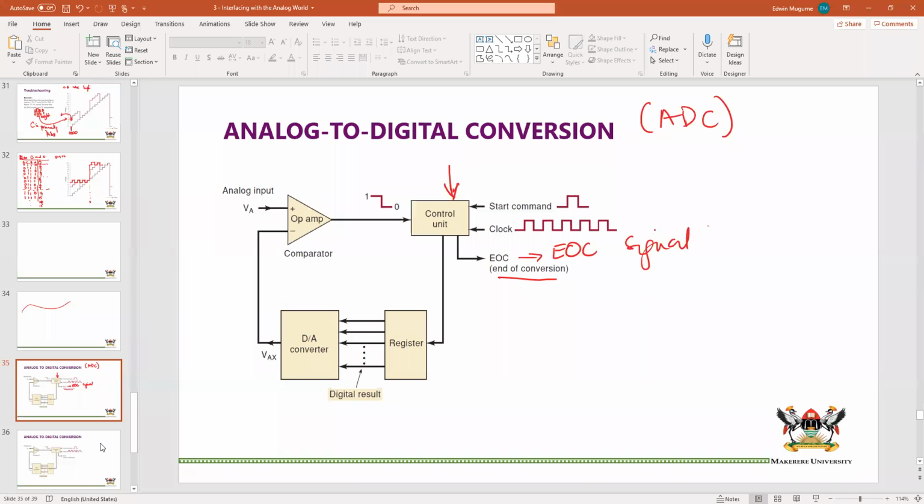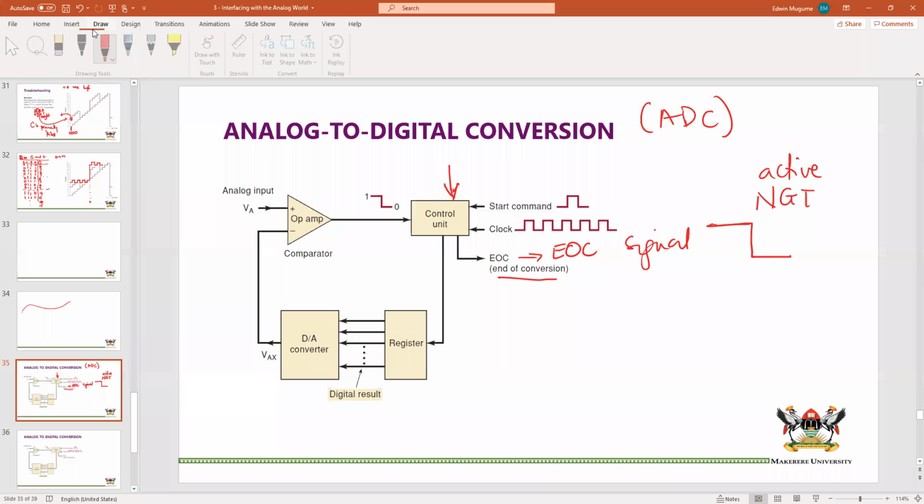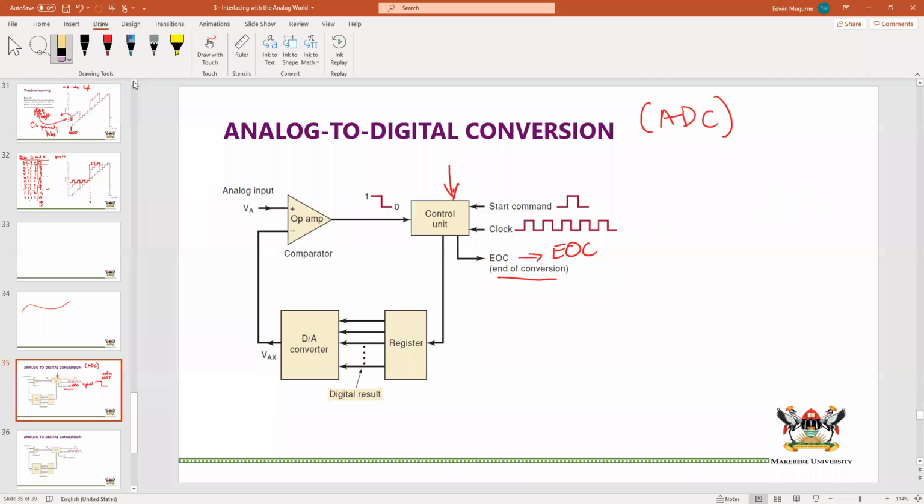It is usually high, and when we reach the end, it goes low. It is actually active low. When it goes low, it shows that the conversion has ended. If you want to restart, the start command will push it back to high. It will stay high until the conversion ends, at which point it goes low. Okay, so that is that.